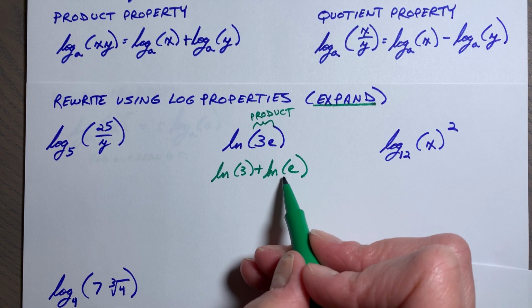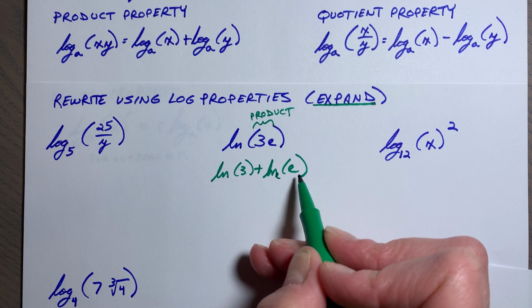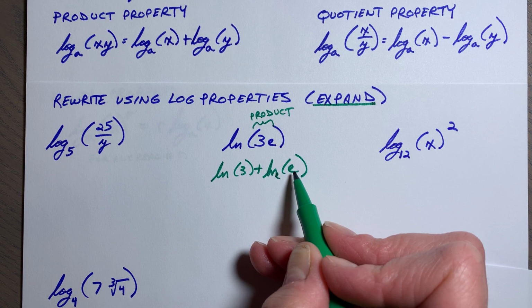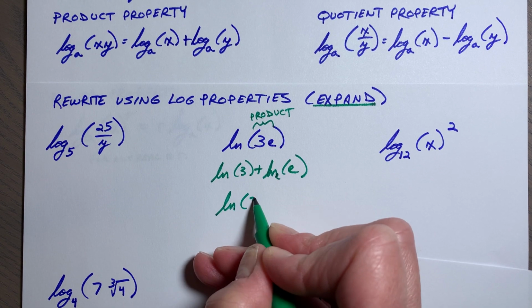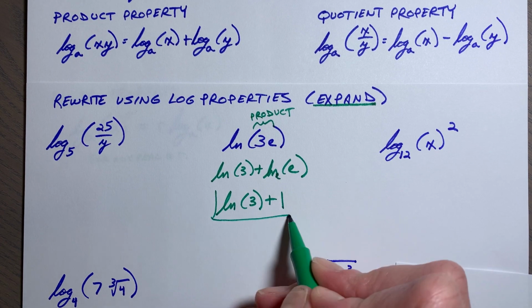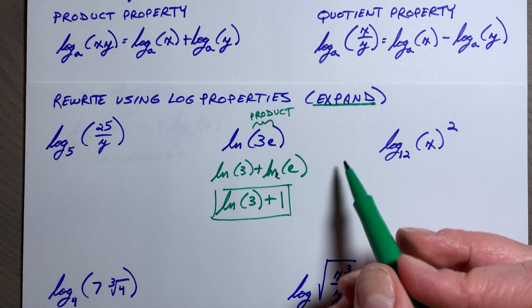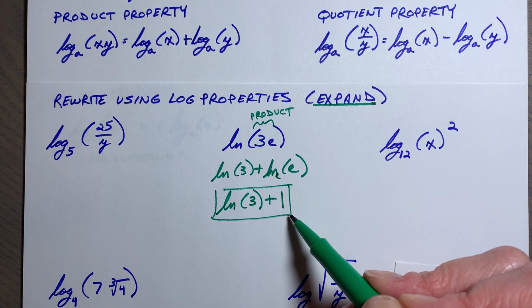This represents the exponent we raise e to get e. Well, that's just 1. So this is one of our properties with zeros and ones. And here's my final expanded result there. I'm going to simplify natural log e to just that constant 1.